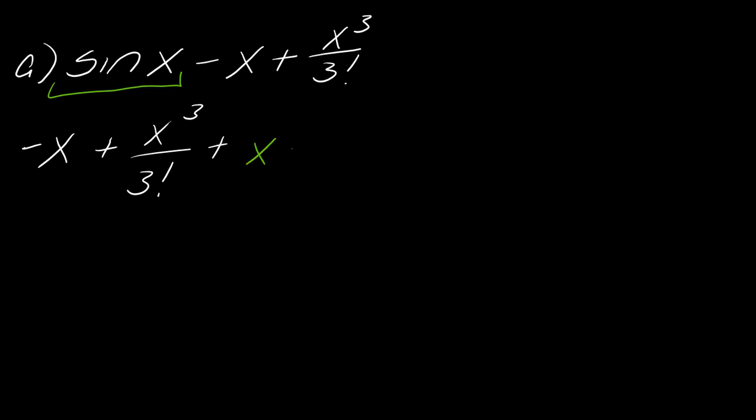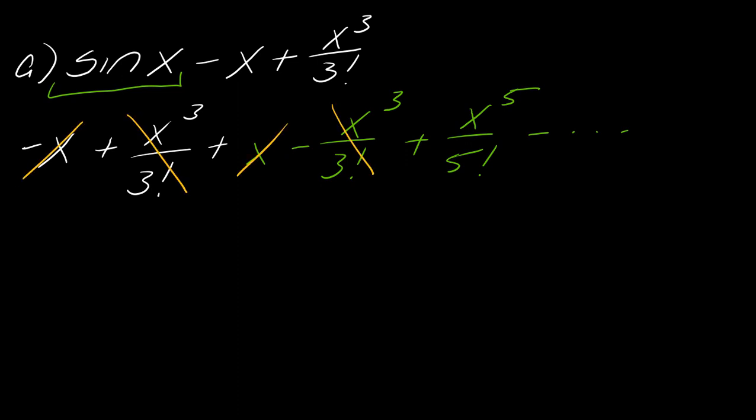So this is x minus x cubed over 3 factorial plus x to the 5th over 5 factorial, and so on and so forth. Now you can see in setting this up that the x's drop out and this x cubed over 3 factorial drops out. So now I am left with a series that starts at x to the 5th.